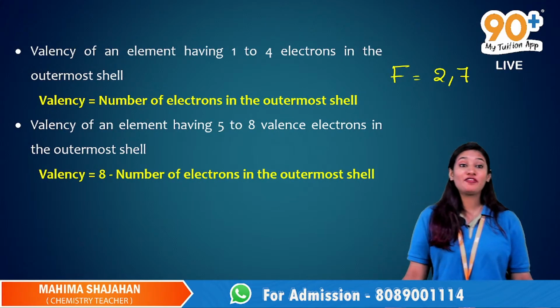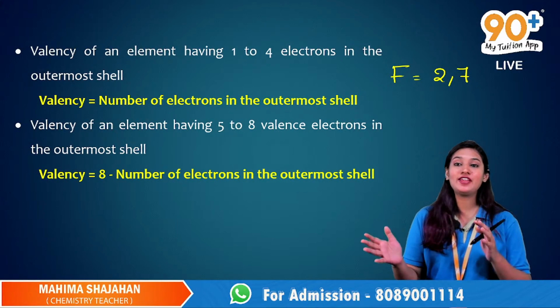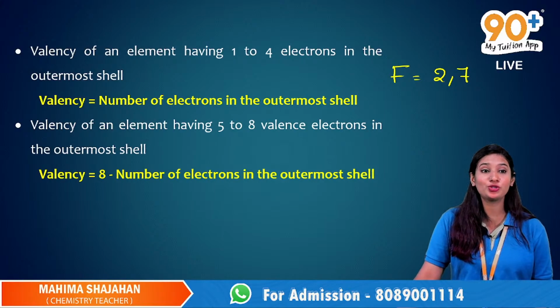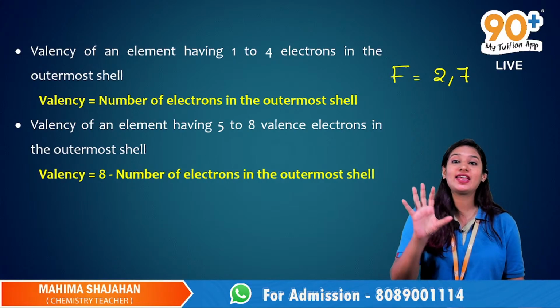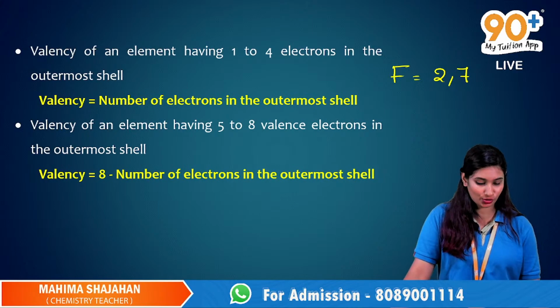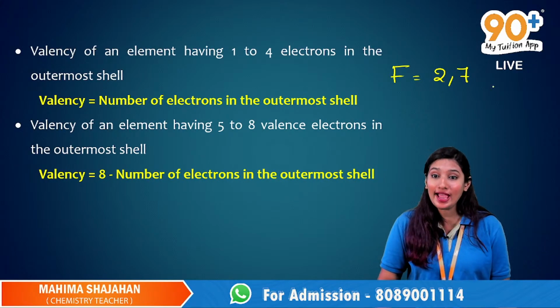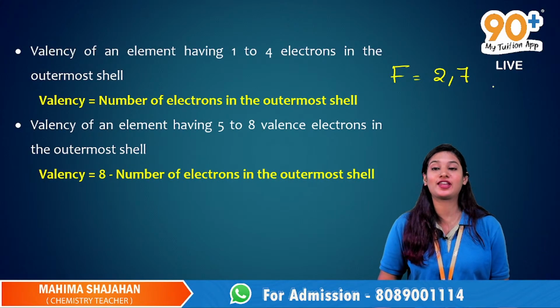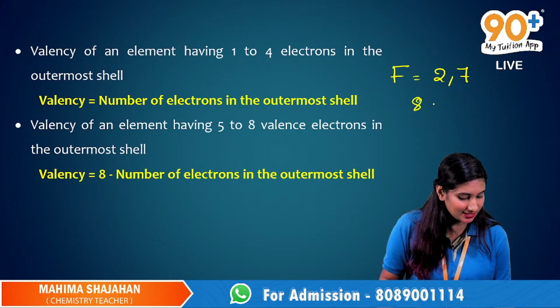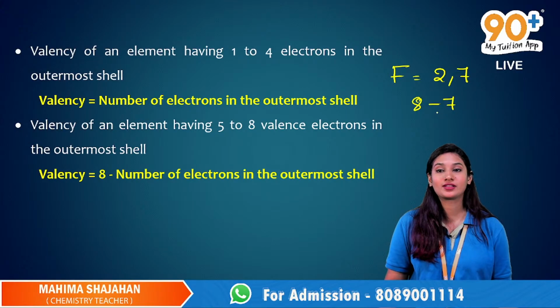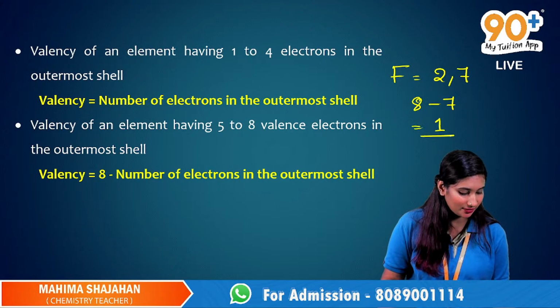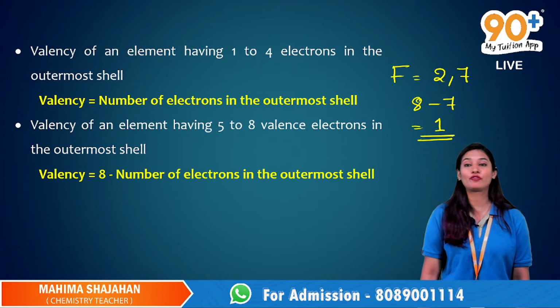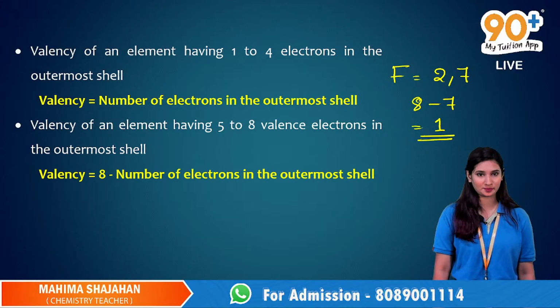If the number of valence electrons is 5 to 8, what you should do is 8 minus the number of valence electrons. So, to find the valency of fluorine, 8 minus 7 is equal to 1. The valency of fluorine is 1.